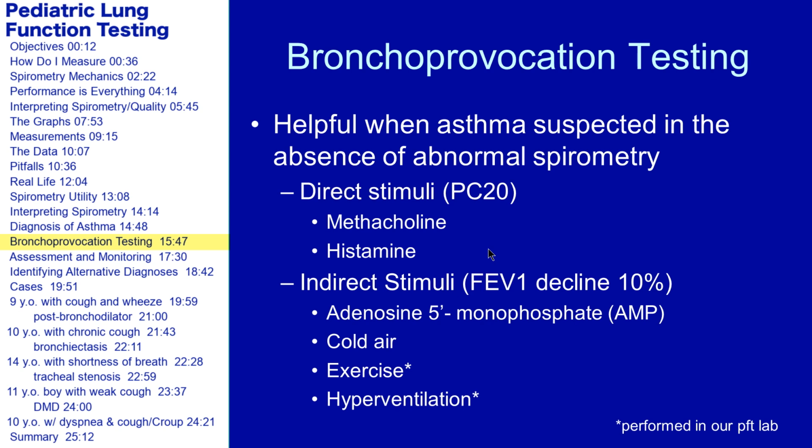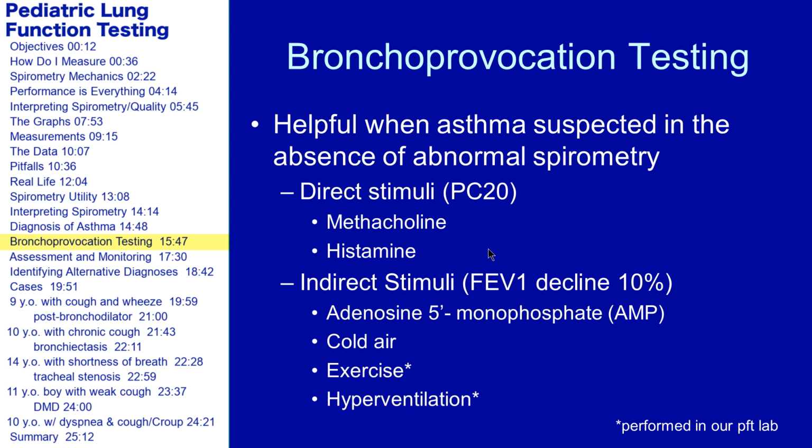The other category of tests are called indirect stimuli. These are tests where you have exposure to an agent that then leads to a downstream effect, particularly cold air, exercise, or hyperventilation that causes changes in the osmolality of the airway surface liquid that then leads to histamine release and then leads to bronchospasm thereafter.